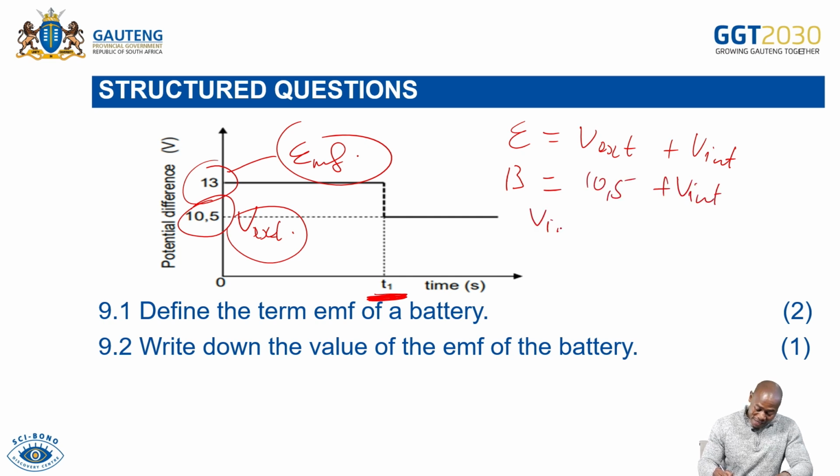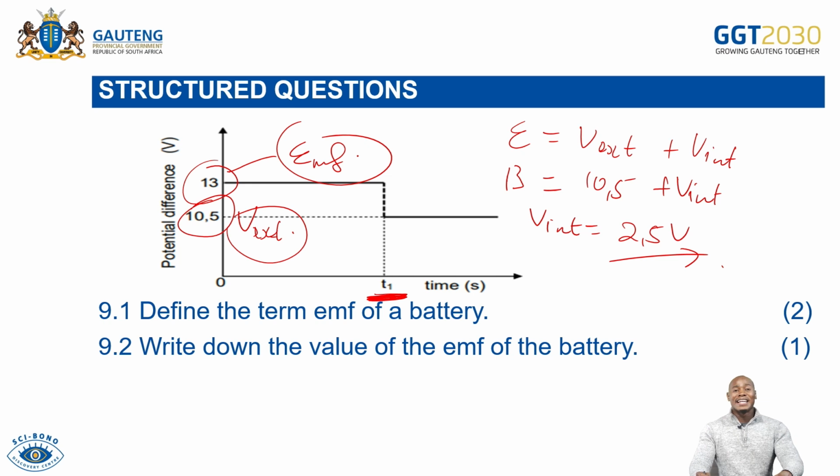So my V internal will be 13 minus 10.5. So what is 13 minus 10.5? It is 2.5. So I'm having 2.5 volts for the internal potential difference.